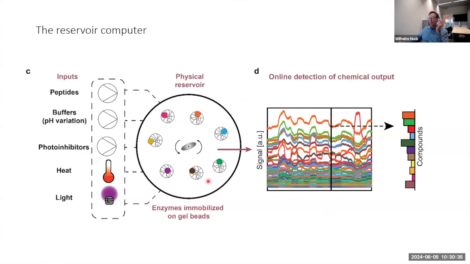But enzymes are sensitive to any change in the environment. So if I change the temperature, if I change the pH, all my enzymes will change reactivity, but not in the same way. So I create nonlinearity by changing temperature or pH. And I can also think later on, I haven't done that yet, by adding photoinhibitors, and then I could also use light. So where do we want to go to?